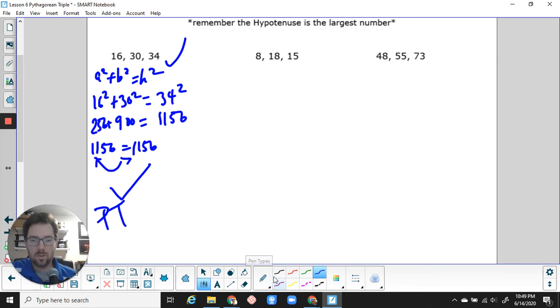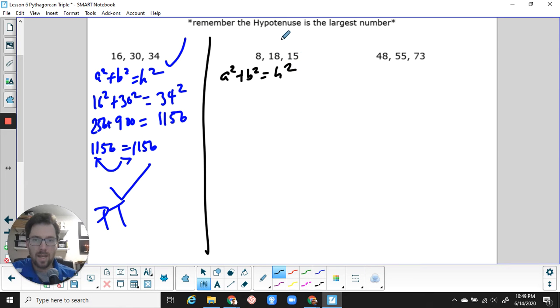Okay, let's switch over to the next one. Again, we start in the same way. A squared plus b squared equals h squared. What's the biggest one? 18. So 18 squared, 8 squared plus 15 squared. So we're going to go 8 times 8 is 16, right?